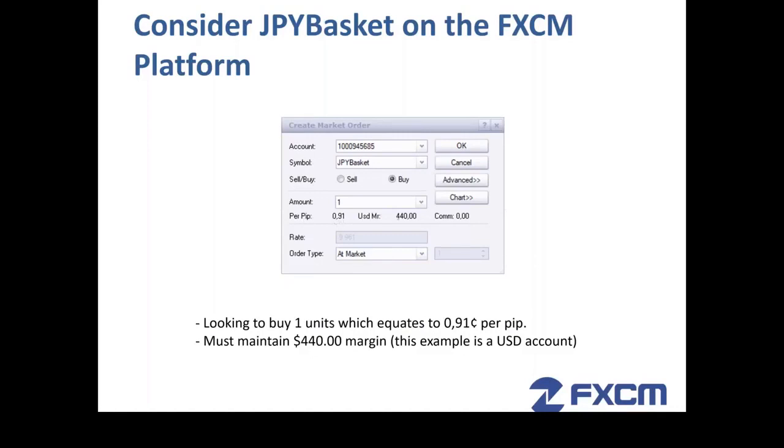You can also see that the trader needs to maintain a $440 margin to keep the trade running. And this is, of course, if the account is held in a US dollar account.